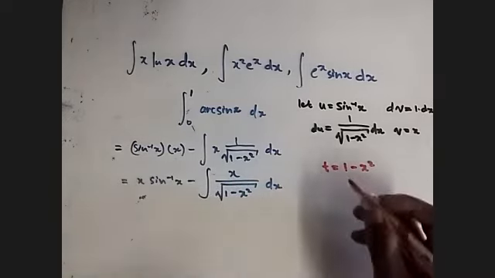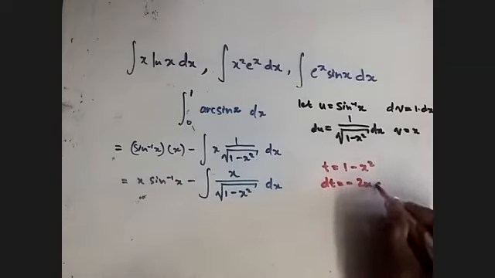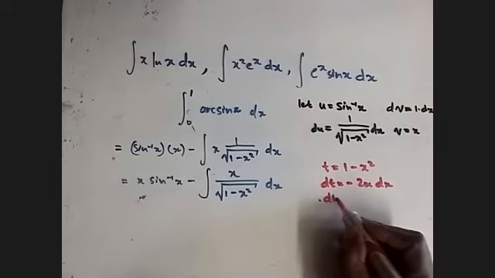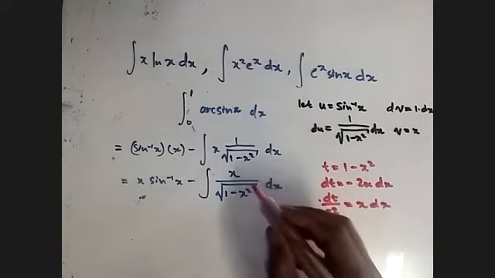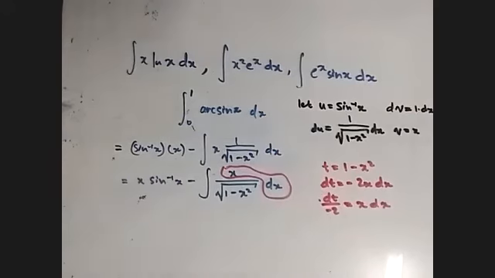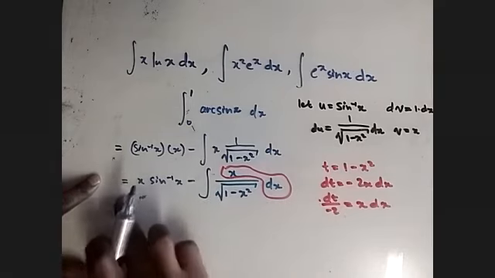So what's going to happen is I'm going to have dt is equal to negative 2x dx. Then you're going to divide by negative 2. Then you're going to have dt divided by negative 2 is equal to x dx, which is this part right here. Thanks, my man, for answering.